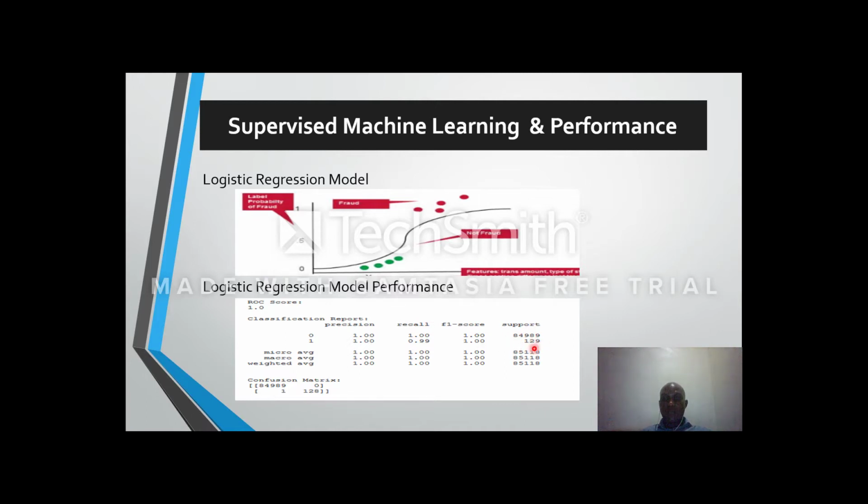So as you can see from the support, we had 84,289 for the logistic regression, and we have 127 for the fraud cases. And you can see from the confusion matrix here that we just missed out one of the target fraud cases.